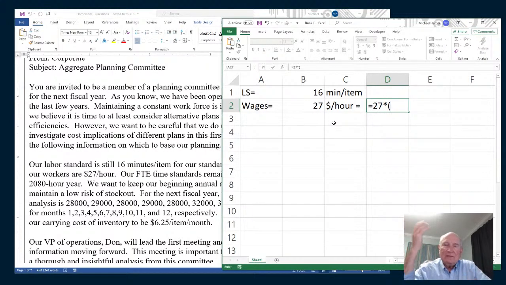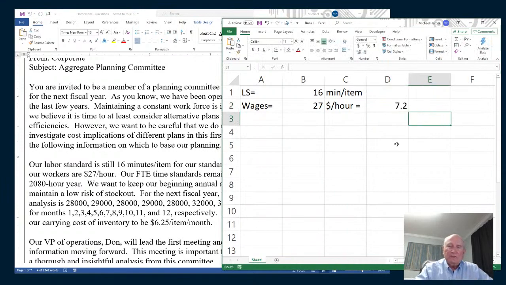That's 16 divided by 60, because there are 60 minutes in an hour. And so that's going to be 7.2 dollars per item. That's our unit direct labor cost, and we'll put that in the table in a minute.